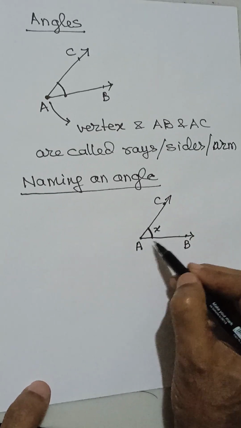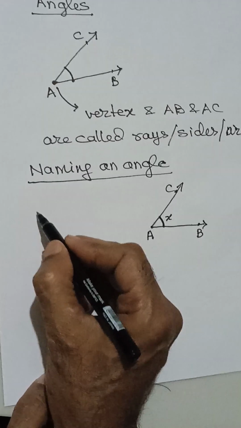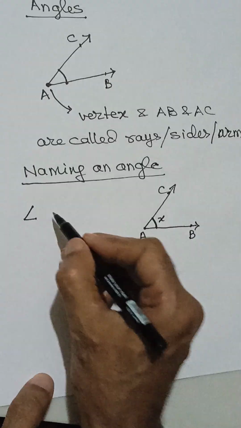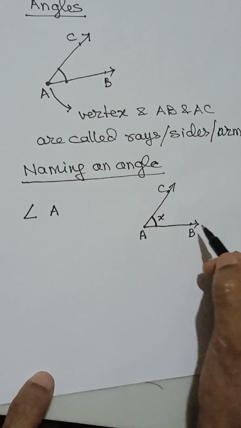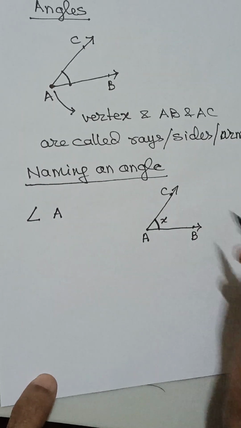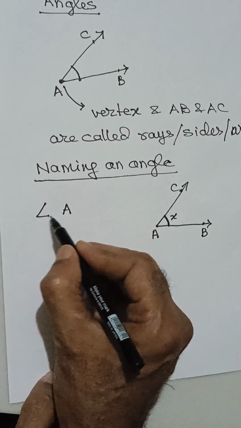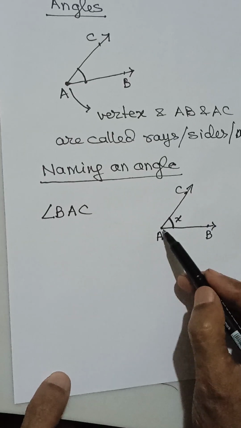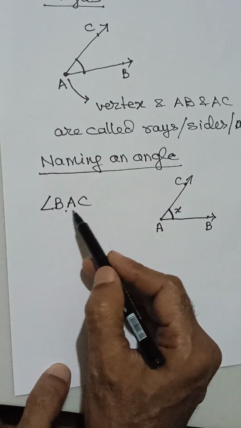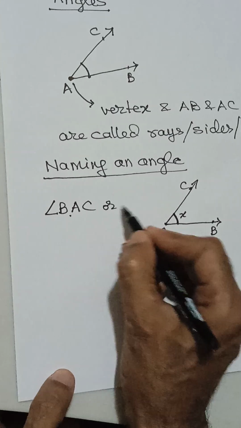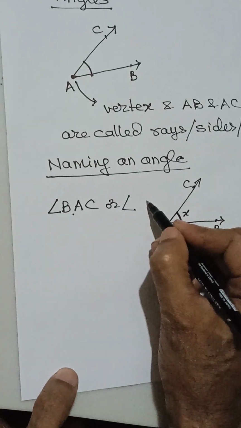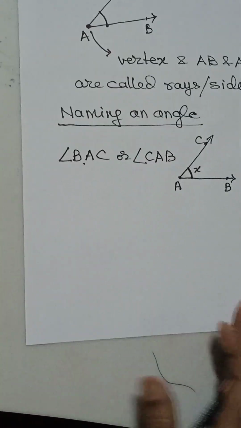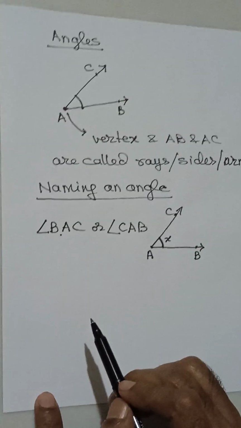But when we actually name this angle, we keep the vertex in the middle and the end points of the arms on both sides: BAC. So the name of the angle is BAC because A is the vertex, so the vertex will be in between. Always the vertex will be in the middle. We can also put C here and B here. So this is the naming of an angle when a single angle is formed.